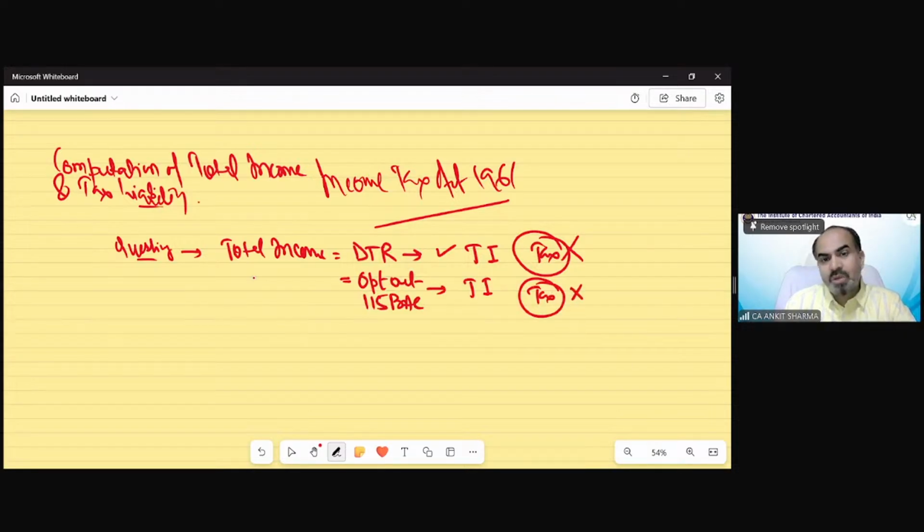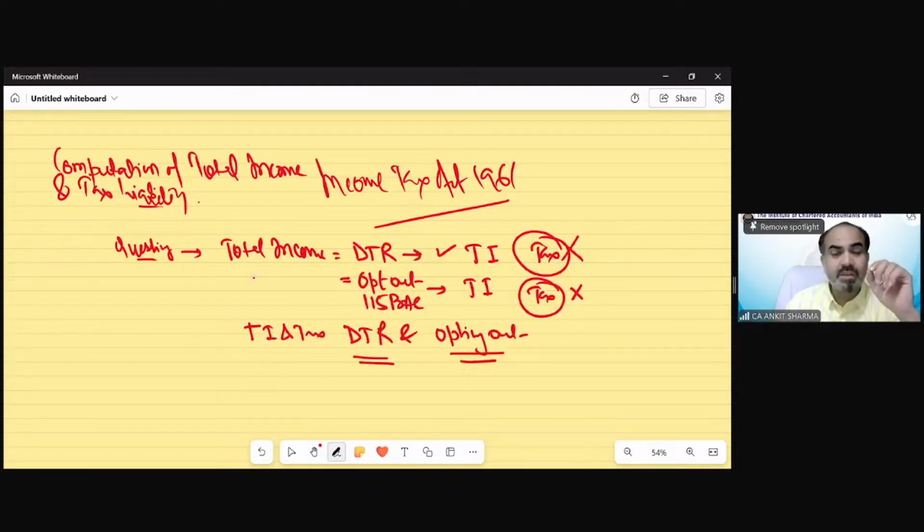If the question asks you to calculate total income and tax liability with default tax regime and opting out of tax regime, then just calculate the total income and tax liability as the question requires. Do not give the answer of the most beneficial tax liability case. Do not suggest that this option is best until it has been asked. Kindly do not answer those things which have not been asked in the question.